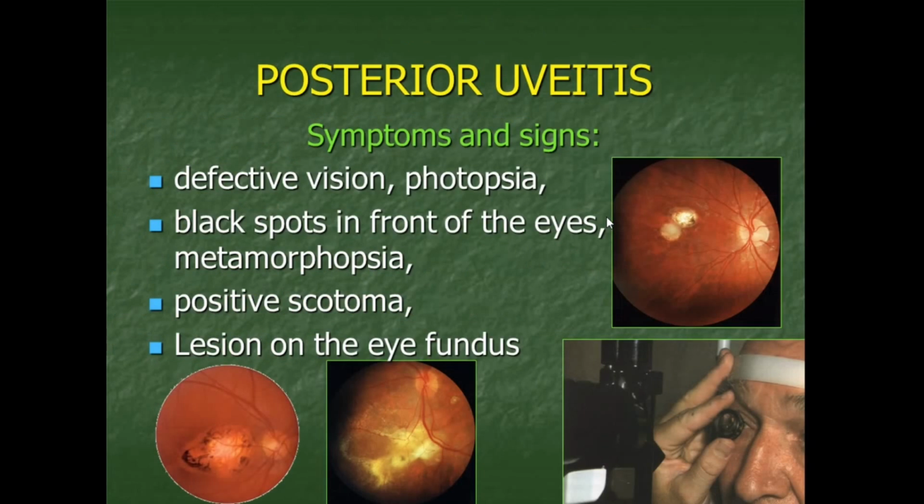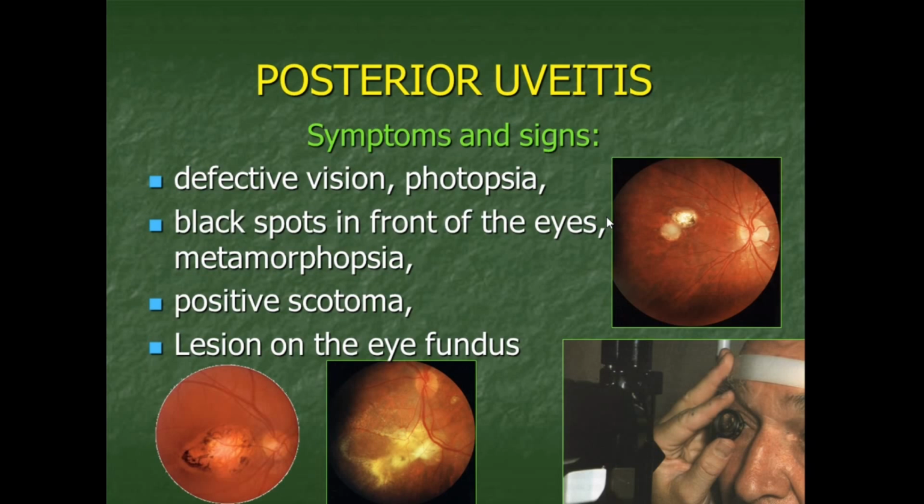In the case of posterior uveitis, you have absolutely other complaints. If the patient with anterior uveitis complains of pain, redness, discomfort, and so on, as for posterior uveitis, no redness, no pain.